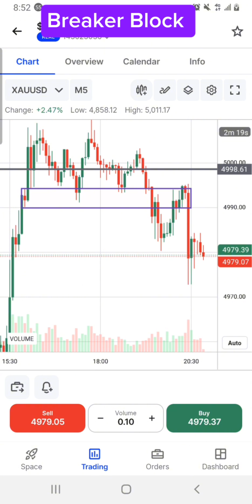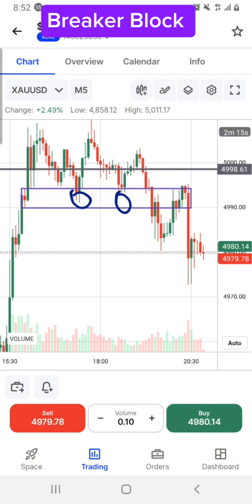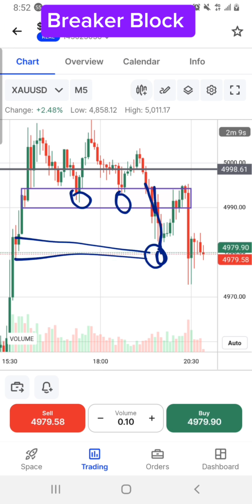Price was bouncing on this particular order block, but eventually here it breaks the order block and comes to the next order block, which is this level, this particular line here. Once it breaks and gets to that place, the market impulses. This was an impulse move.